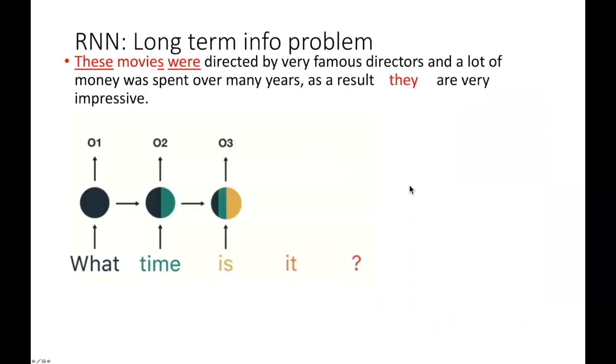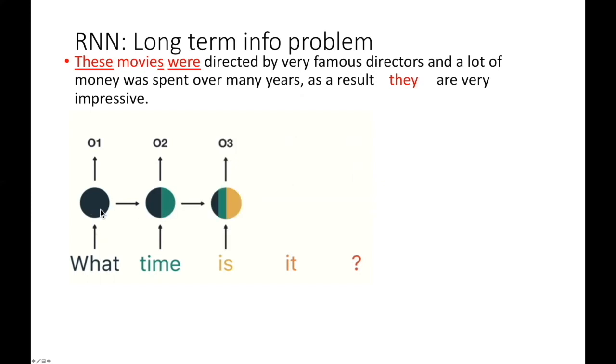All right, so RNNs suffer from something called the forgetfulness or long-term information problem. If you notice, the RNNs keep taking the input at each time step and adding it to their hidden state, and at every time step, the input which came far back will keep getting a smaller and smaller representation in the hidden state.